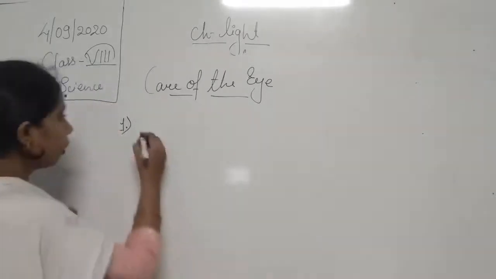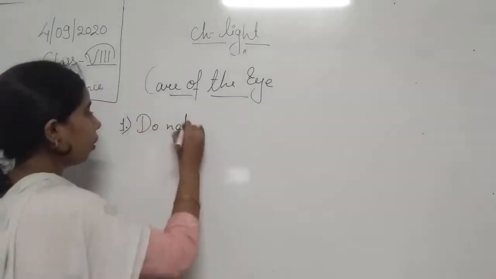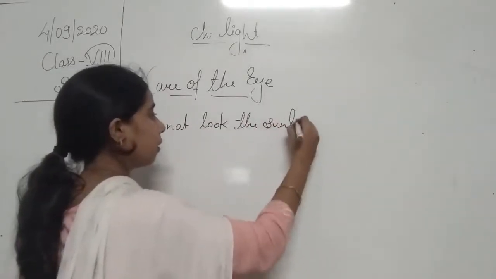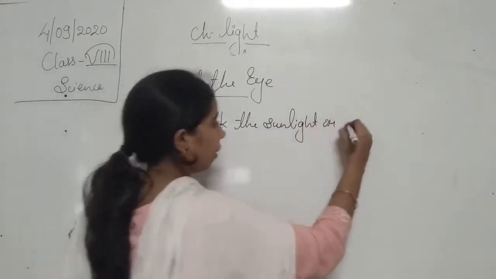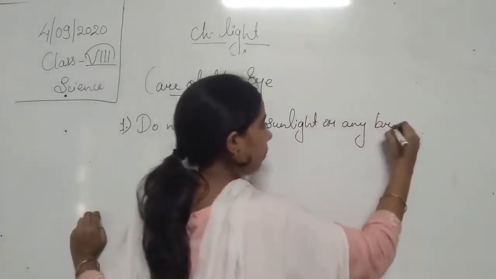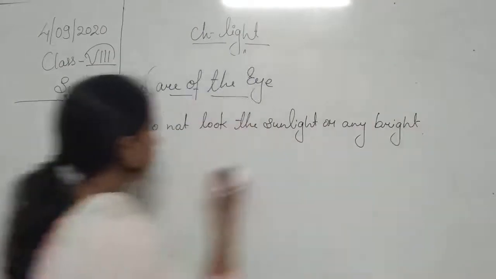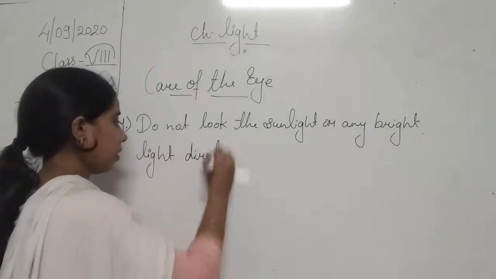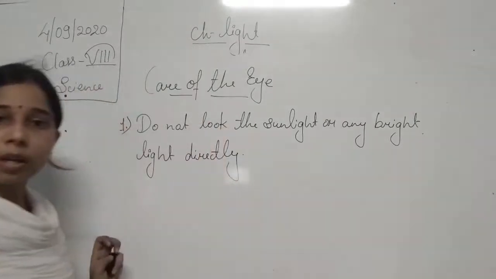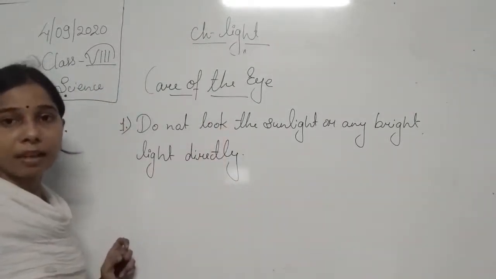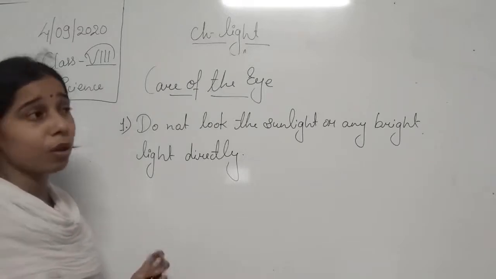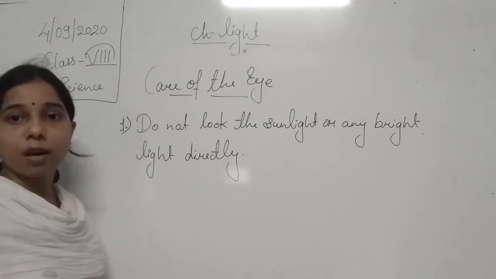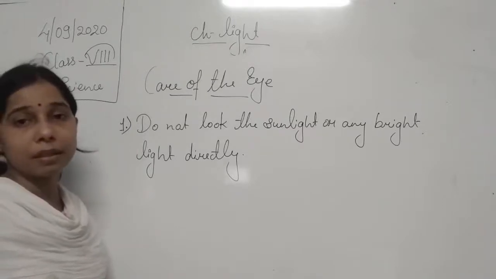So we can write: do not look at the sunlight or any bright light directly. Because it is going to affect our retina, and it will create a defect for us.